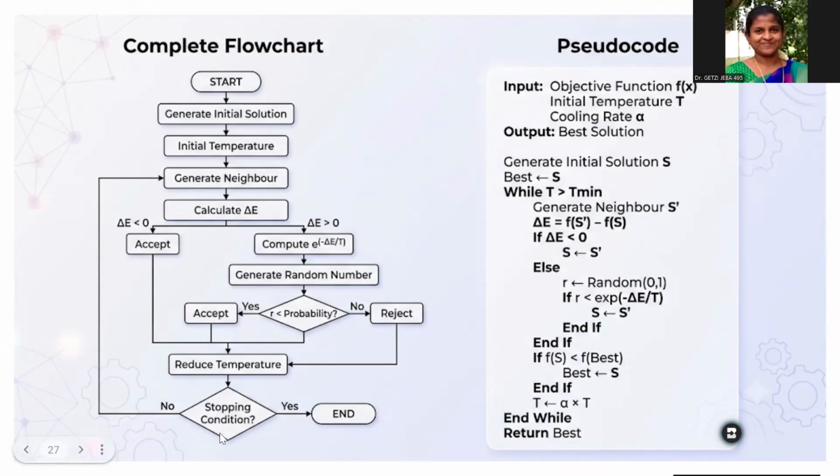Then you check whether it has reached the stopping condition. If no, you find the next neighbor and do the same process again. Initially you will do an exploration, you will settle down in a place, and then you will search for the nearest neighbors, calculate the cost, and find out which is the best solution.